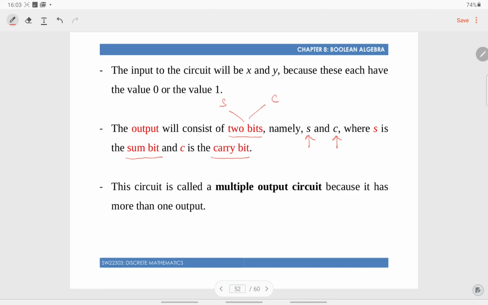This circuit is called a multiple output circuit because it has more than one output. Because the outputs are S and C, we call this multiple output. Previously we had single output.